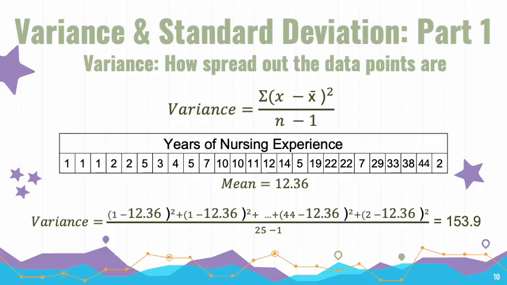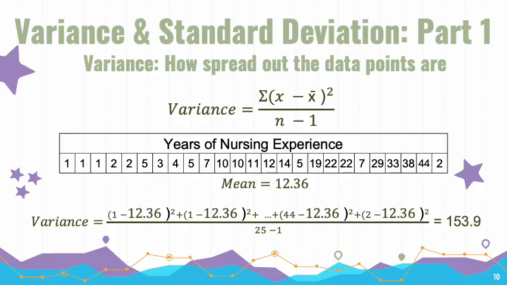We determine each individual x minus x bar and then square that. The symbol sigma means that once we have done every single x minus the mean and squared them, we are to add all of those equations together. Following that, we are going to divide by n minus 1, where n is the number of data points. I know this sounds very confusing, but we're going to walk through it with our data set.